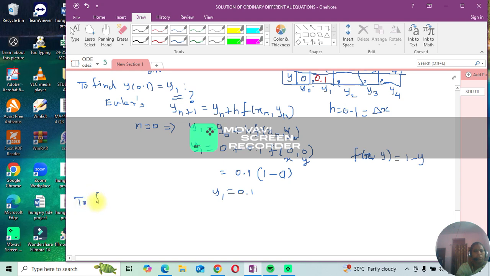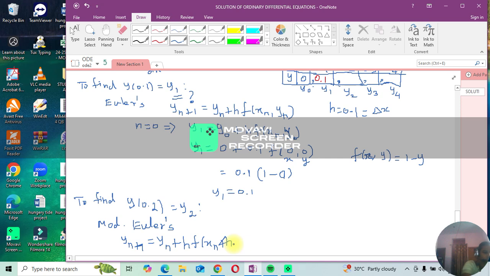So we take the modified Euler's formula, which we have already written: yn plus 1 is equal to yn plus h into f of xn plus h by 2 comma yn plus h by 2 into f of xn comma yn.